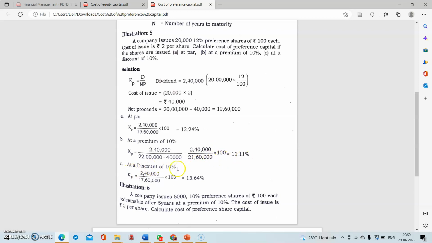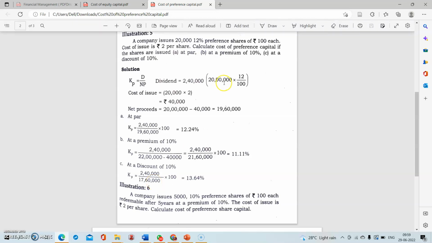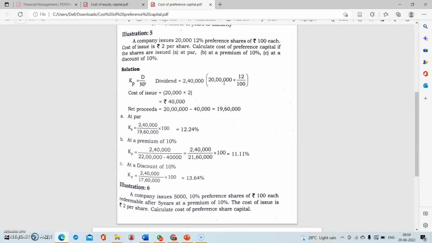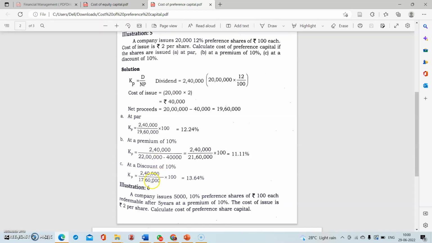And if it is at a discount, here again the dividend is the same, but here it is at a discount of 10%. So straight away you can calculate 20 lakhs into 90%, or find out 10% separately and deduct it from 20 lakhs. And again you will have to deduct 40,000. So you will get 17,60,000.